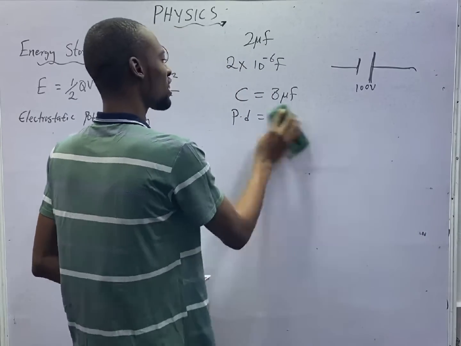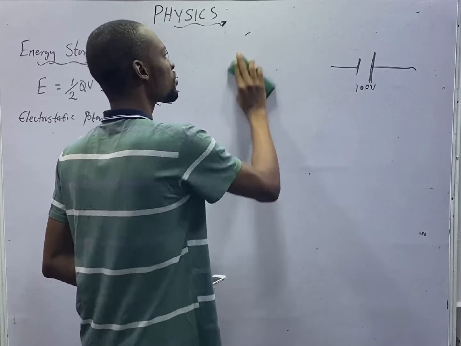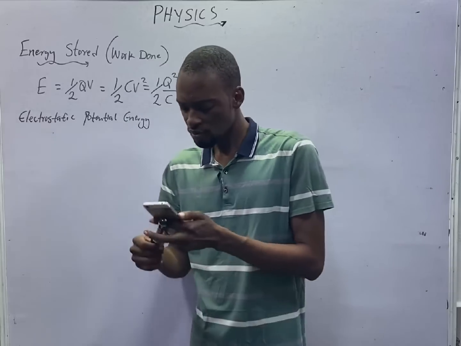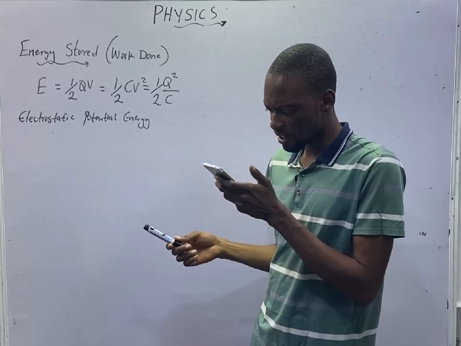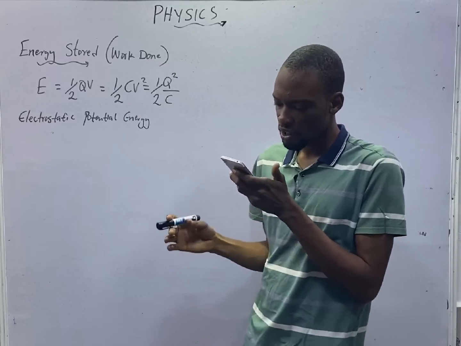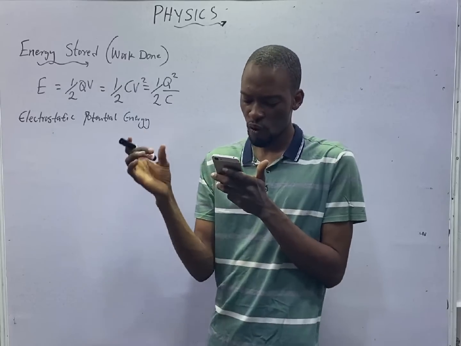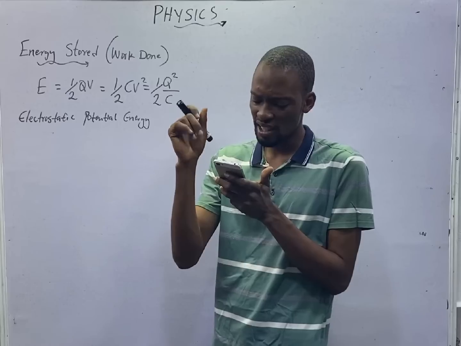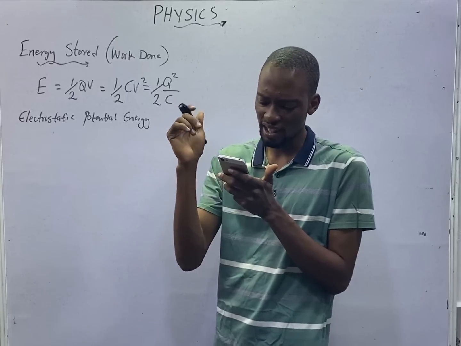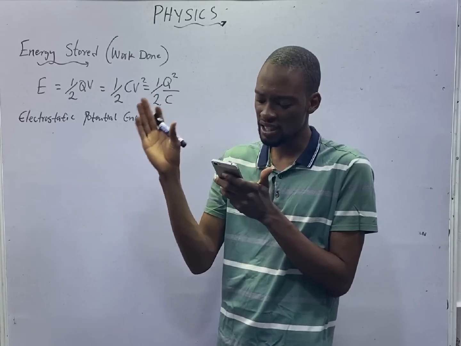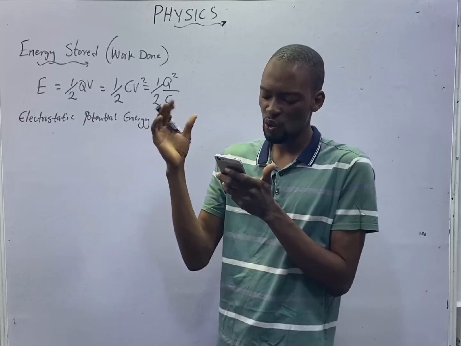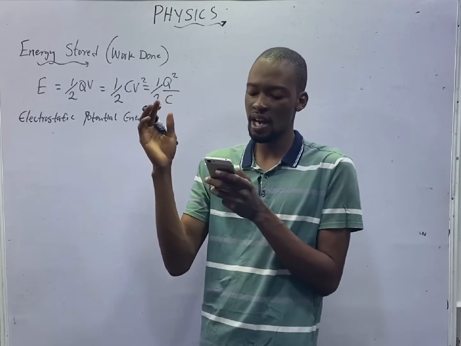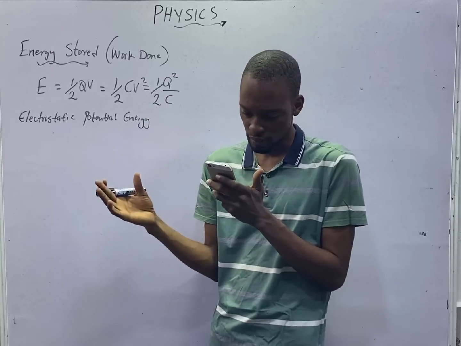If you are given many capacitors, you will find the equivalent capacitance, then you substitute. Look at this thing I jotted down here. It says, to charge a capacitor, connect the plate to a battery for some time so that the electrons are attracted by the positive terminal of the cell and drift towards one of the plates, leaving positive and negative charges on the plates.